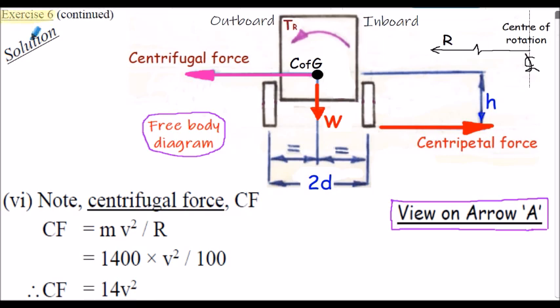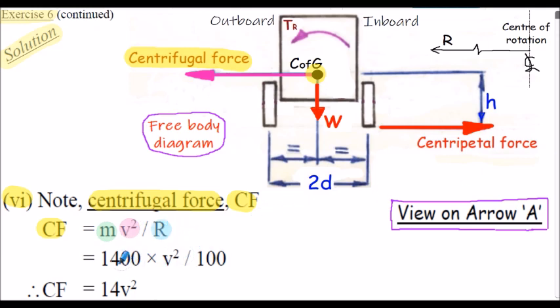Exercise 6, solution continued. Step 6, let's now calculate the centrifugal force, CF. This would be the force assumed to be acting outwards on our free body diagram here through the centre of gravity. And the centrifugal force is calculated from m v squared divided by r.